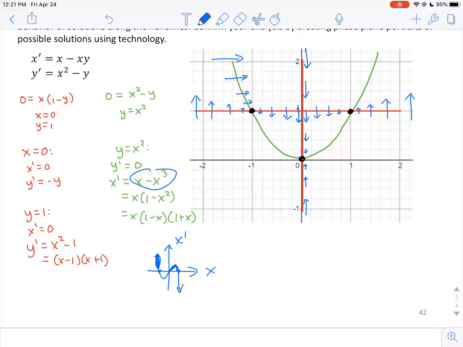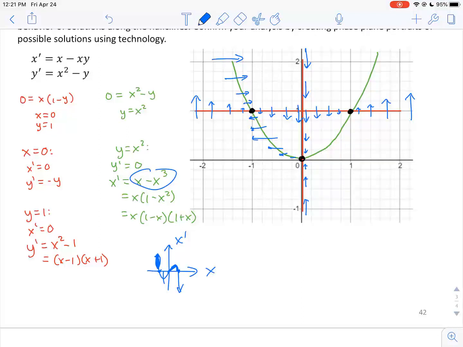Between -1 and 0, x primes are negative, and they get most negative at some point in between, but then they get back towards 0. So we have a little bit of negative, a little bit more negative. At some point there's going to be the most negative, and then it'll get less and less negative.